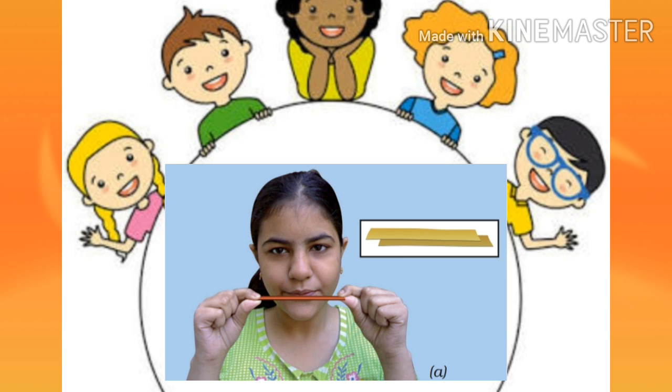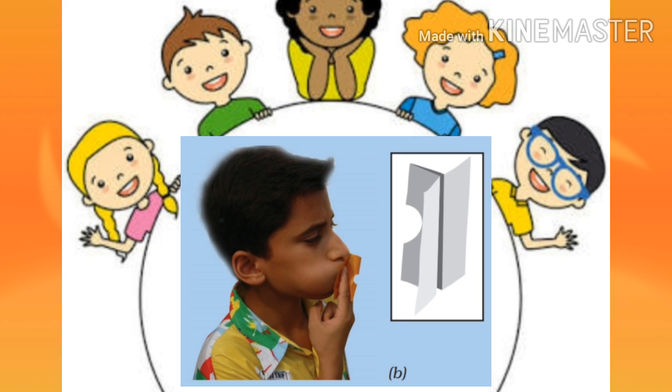Then we have to put it to the mouth and blow the air. What will happen? Both the rubber strips will start to vibrate. So this is how the vocal cords function in the throat. Then likewise, one more figure is given, that is 9.9b.